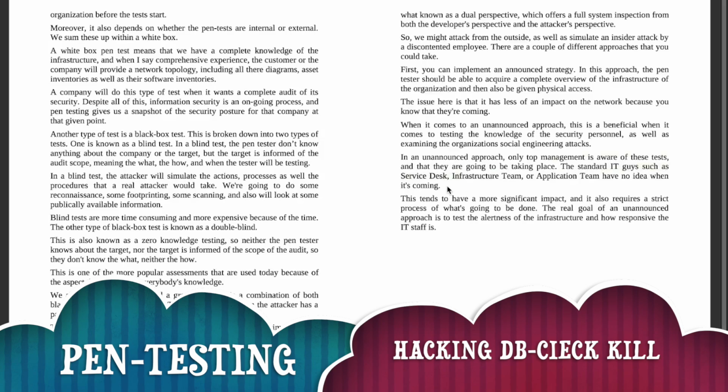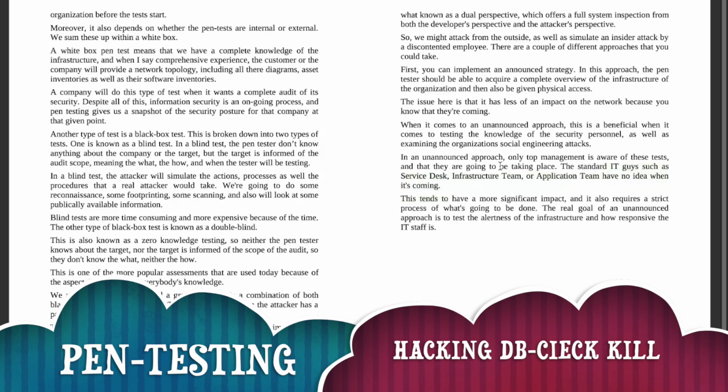When it comes to an unannounced approach, this is beneficial when testing the knowledge of the security personnel as well as examining the organization against social engineering attacks. In an unannounced approach, only top management knows the hour of the tests and when they are going to take place.